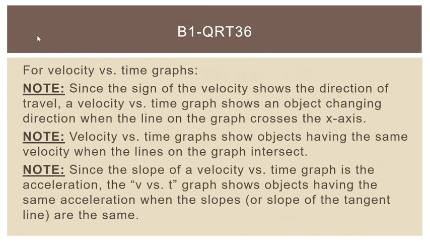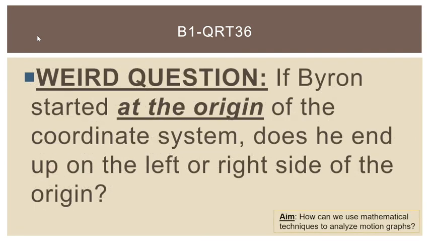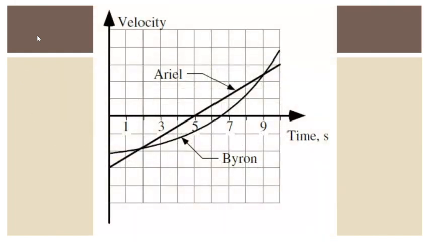Weird question. If Byron started at the origin of the coordinate system, does he end up on the left or right side of the origin?